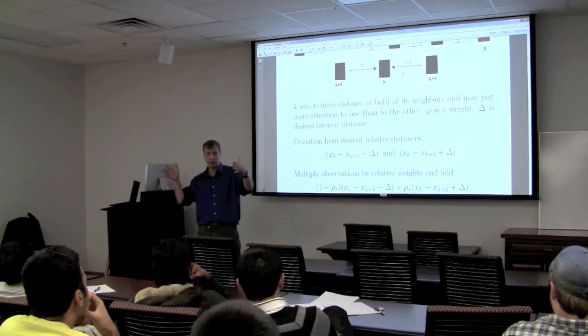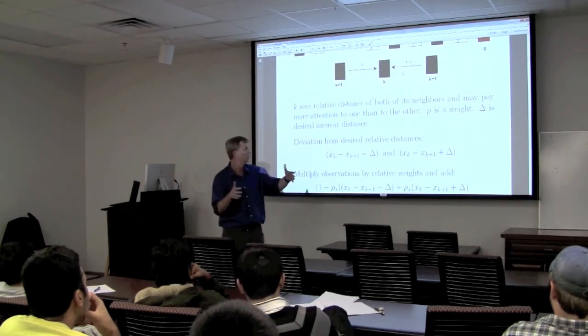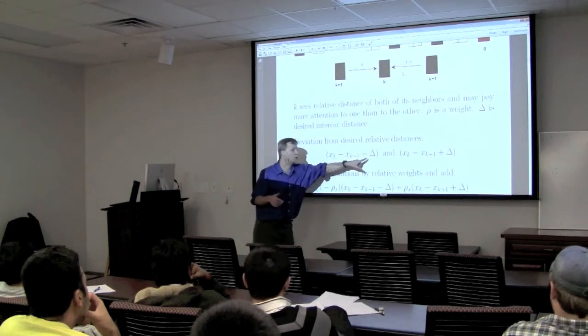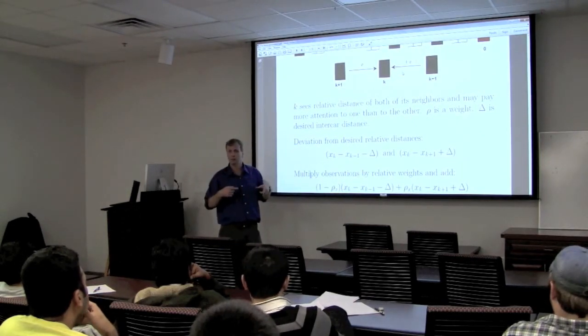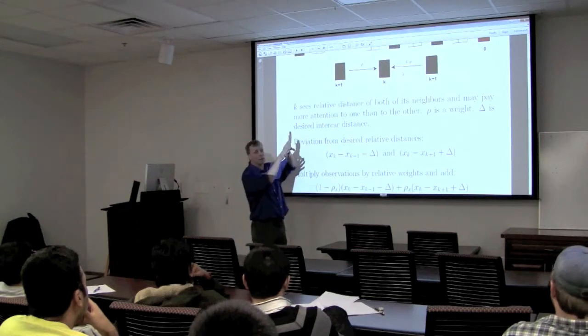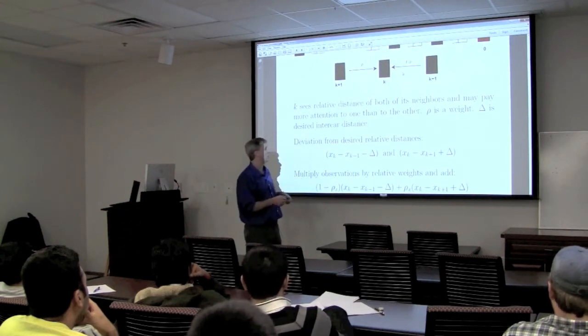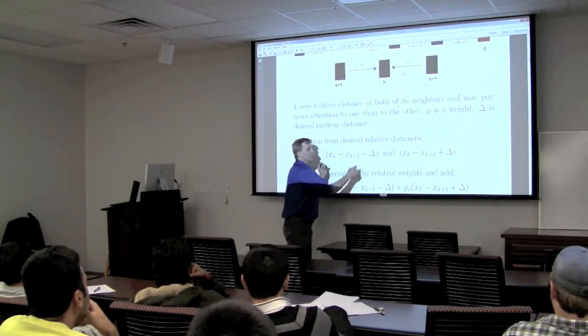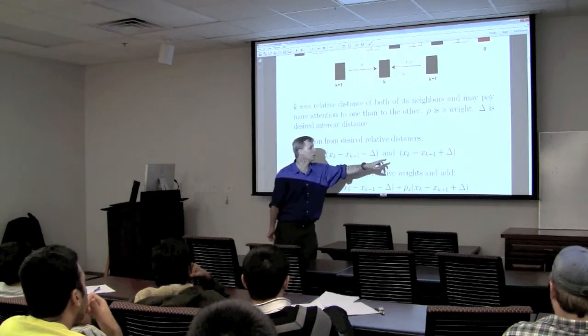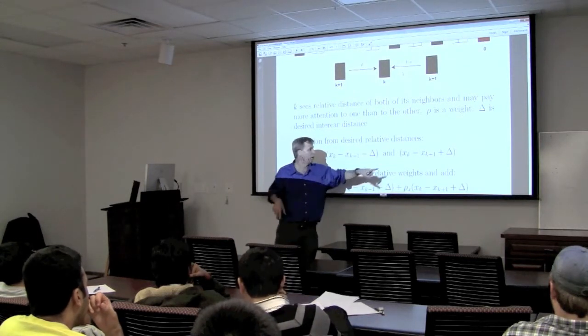If it's too big, I want to accelerate. Okay? So this kind of term will feed into my acceleration. So I'm going to build this equation that will say, well, the second derivative of x_k of t will contain this term. But it will also contain, since I'm doing both neighbors, this term.